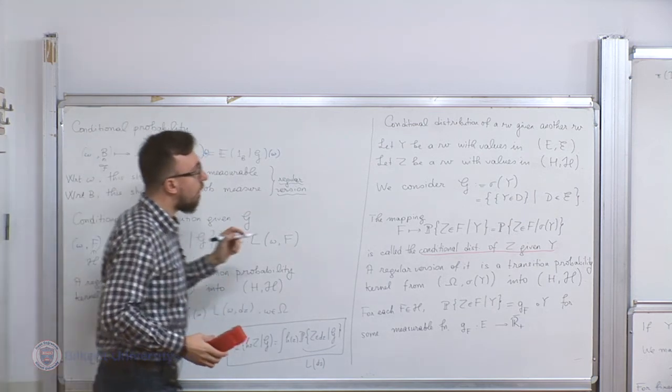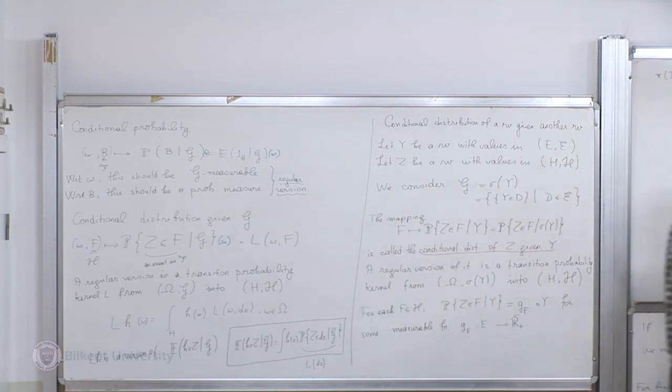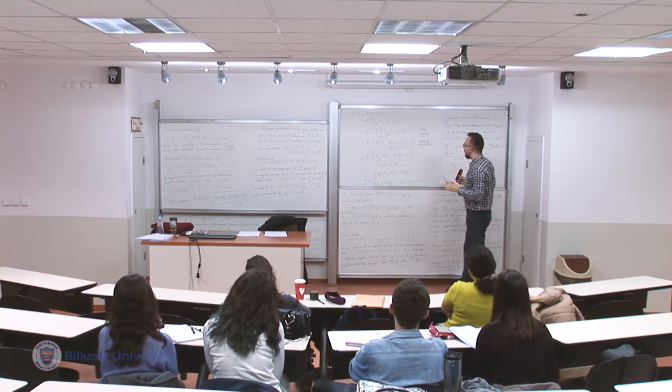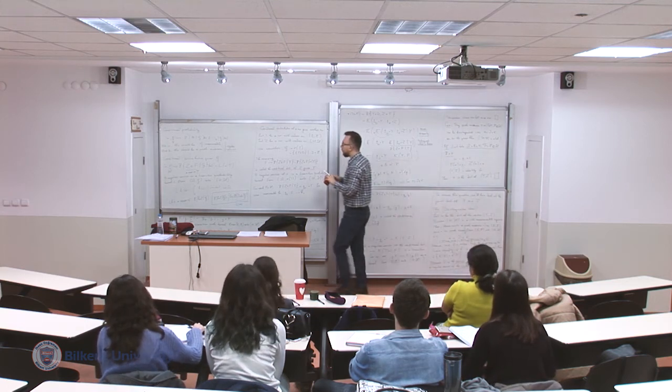So the use of those properties are quite important, okay? Tower property, conditional determinism, etc. So these are quite important properties.